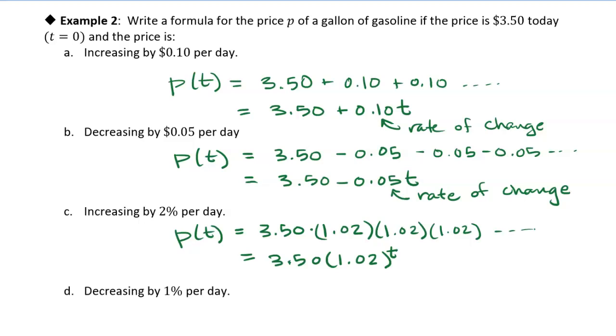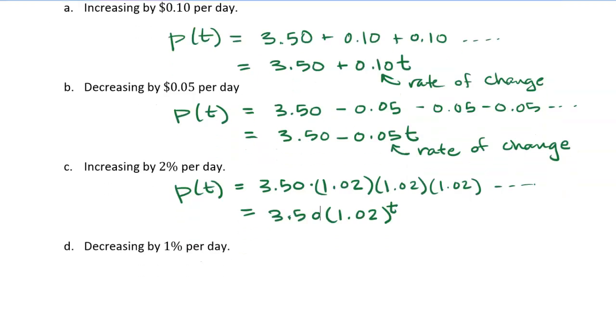All right, and now the last one here is where the price of gas is decreasing by 1% per day. So it's decreasing by 1%, meaning that the price of gas is 99% of what it was the day before. So we're starting out at 3.50, and this is our growth rate, but it's decreasing.